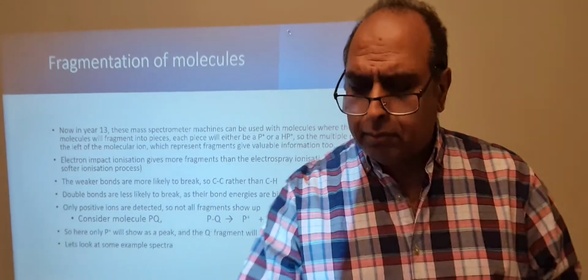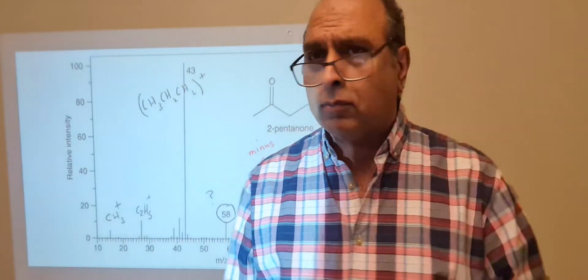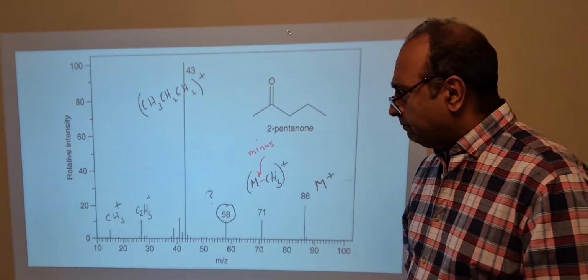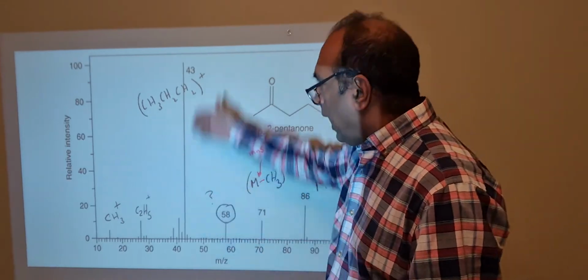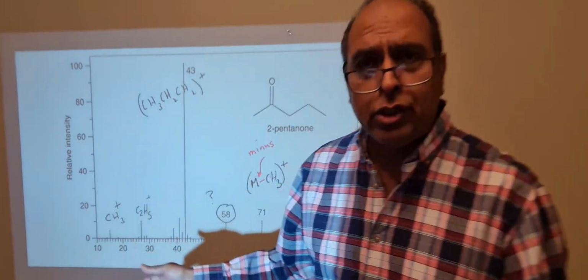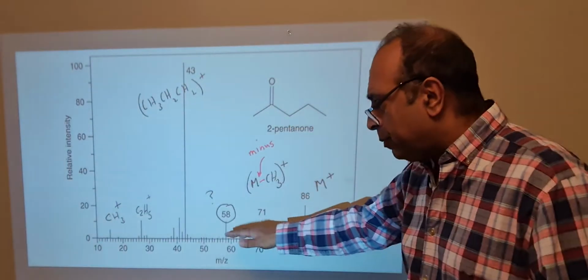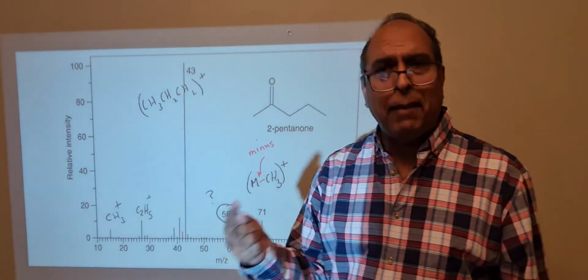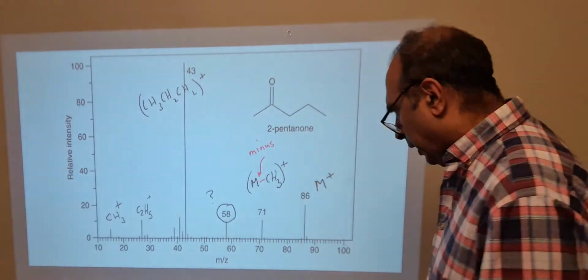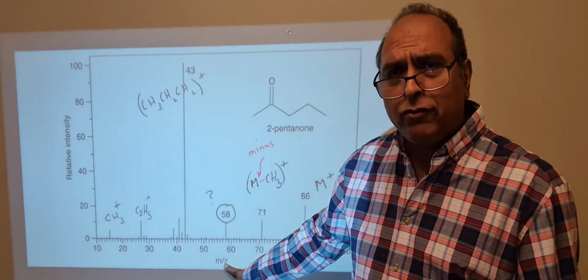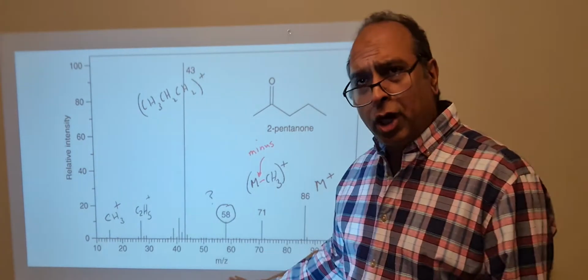Let's look at some examples. Right, so 2-pentanol. Can you see the heights represent abundances? So the taller the peak, the more of that we've got. The shorter the peak, the tiny amount of it. The x-axis, m over z, is mass charge ratio.